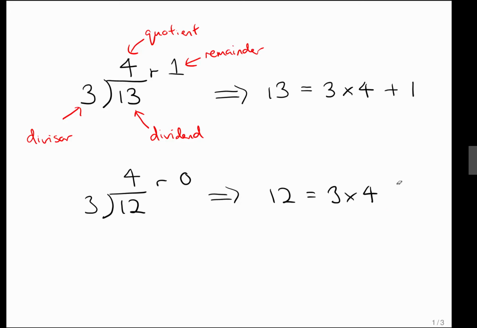There is an important observation to be made here. This expression is a factorization of 12. That is, 12 can be written as the product of the factors 3 and 4.